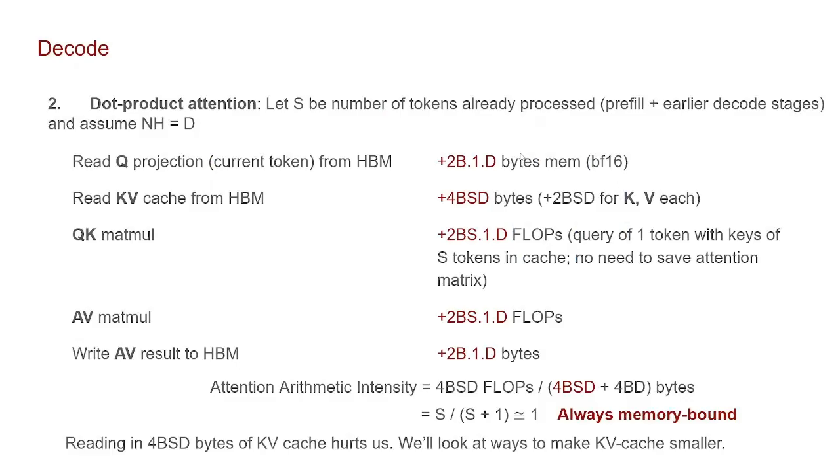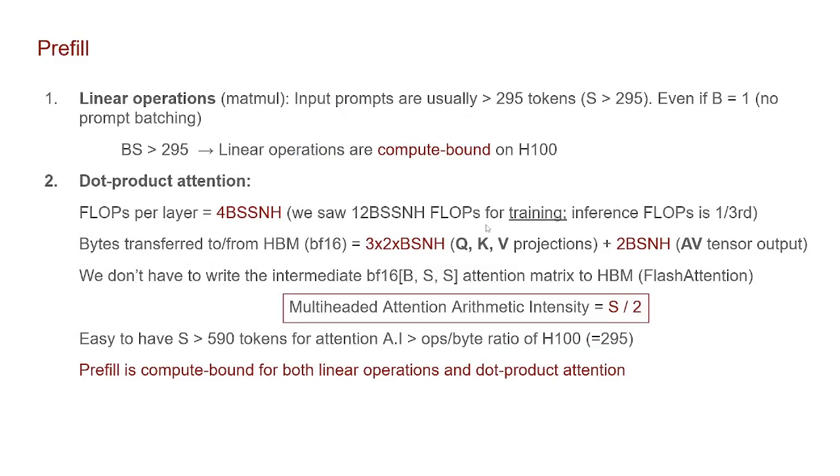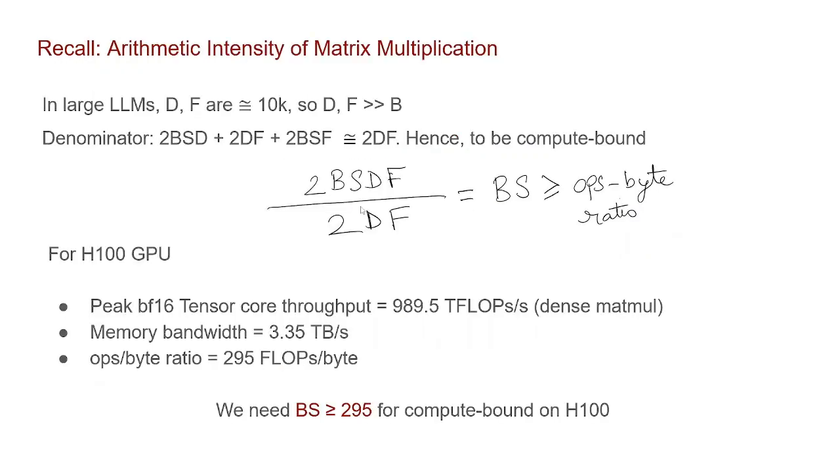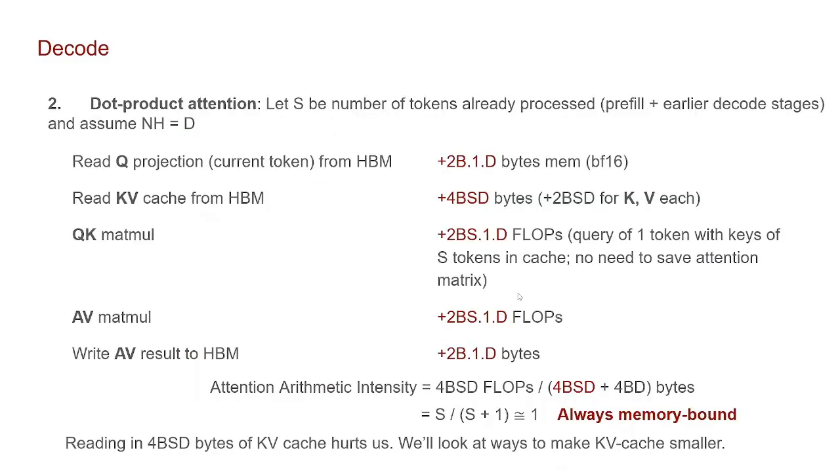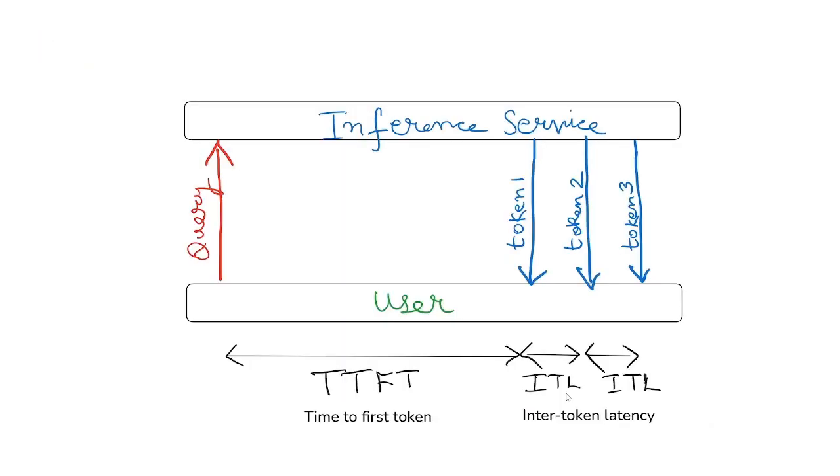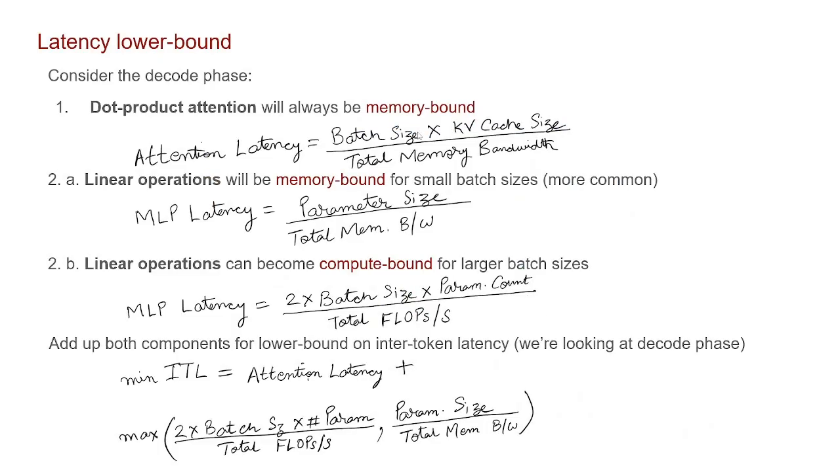And this we do because 4BD, the other costs, reading the Q projection and writing the AV result, are much smaller than reading the KV cache. And because every sample in the batch has its own KV cache, we have to multiply it by the batch size.